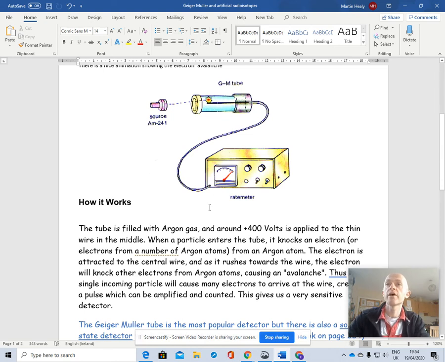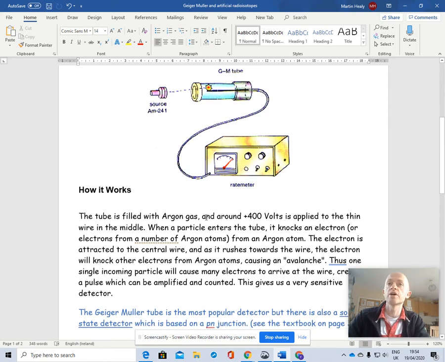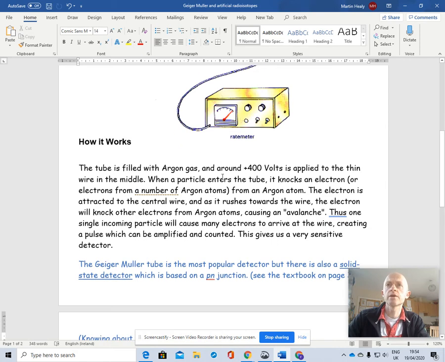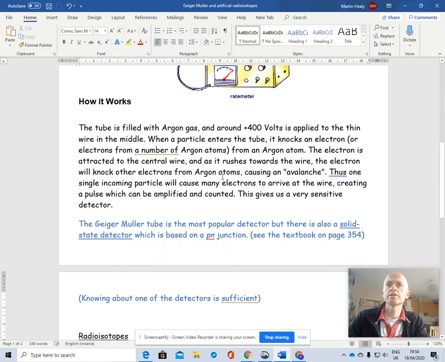On the way, they ionize further argon atoms. So you end up with an avalanche of electrons, and that causes a pulse of electricity, which gets amplified and then is given out as a pulse. And that's essentially how the Geiger Muller tube operates.